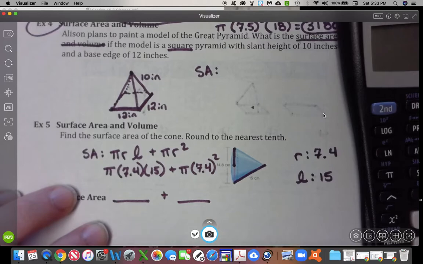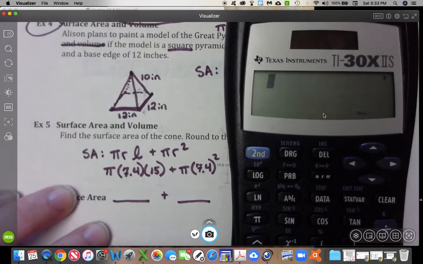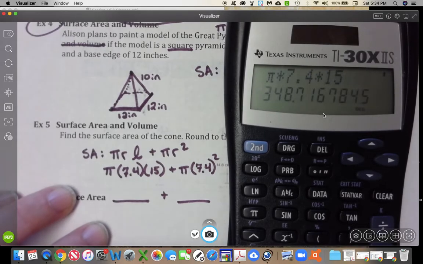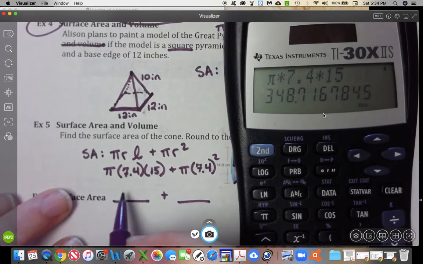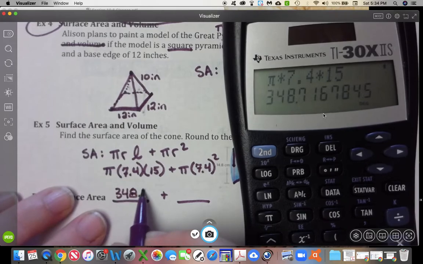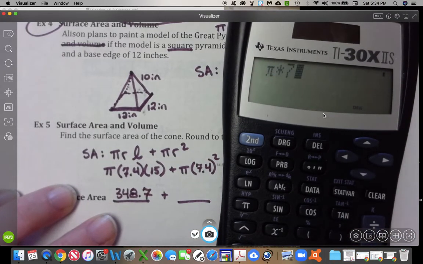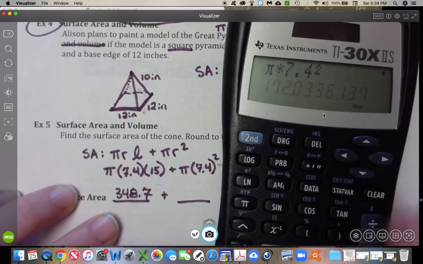Pi times 7.4 times 15, that first part, I get 348.7. Second part, pi times 7.4 squared is 172.0.